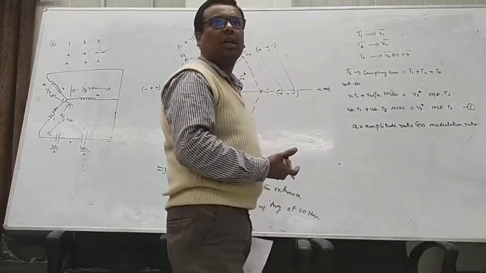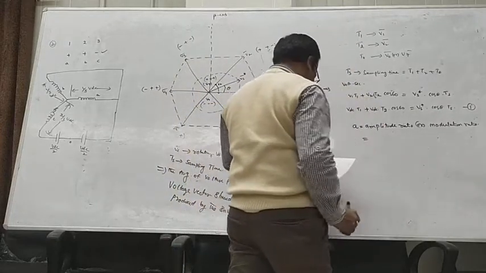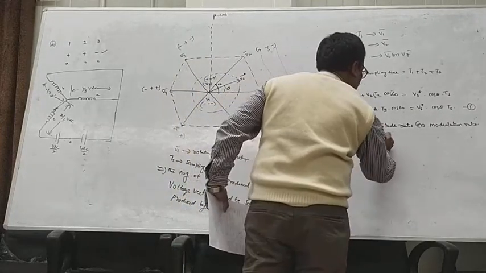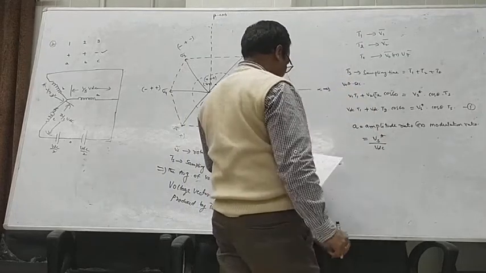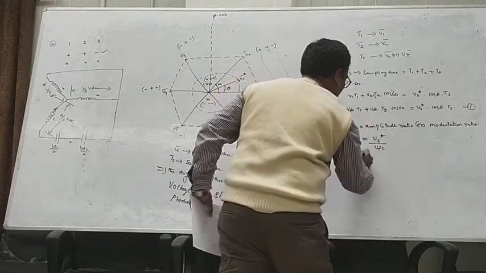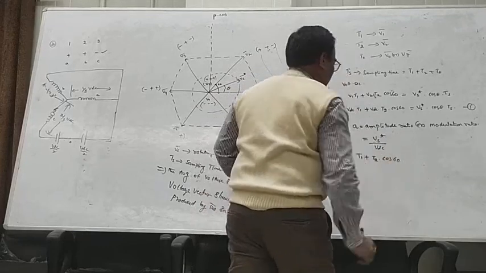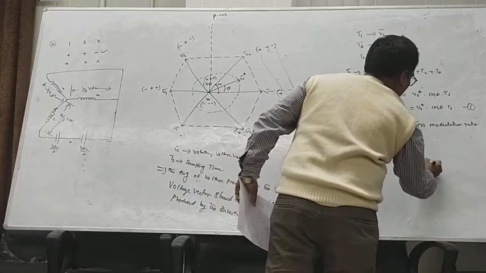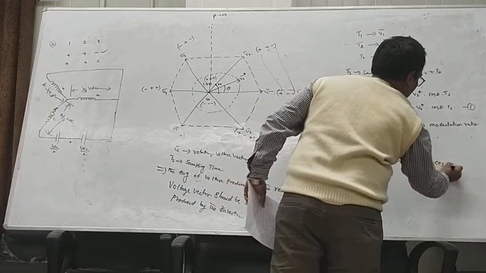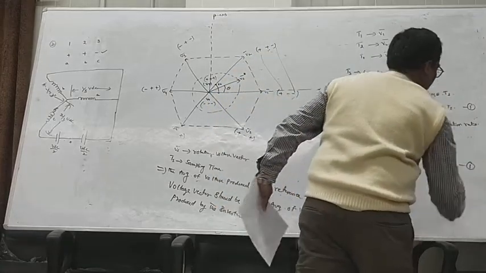A is equal to Vs star by VDC. So if you write down this equation, T1 plus T2 into cos 60 is equal to A into Ts into cos theta. This is also equation number 1.